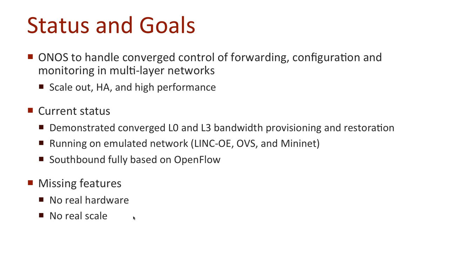We've already built some of the functionality inside of ONOS, and we demonstrated that in December, where we showed how layer 0 and layer 3 bandwidth provisioning and restoration works in ONOS. This was running in a fully software emulated environment using Mininet, Link-OE, and Open vSwitch, and we based everything on OpenFlow.